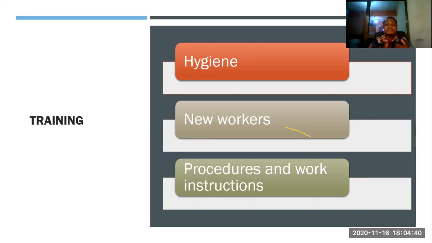So if you haven't provided the training, or if the company just asks workers to come and sign for the audit, some auditors can go as far as doing that to verify. So it is up to you to know how to play around it to ensure that the workers can be familiar with what they are supposed to be trained in.